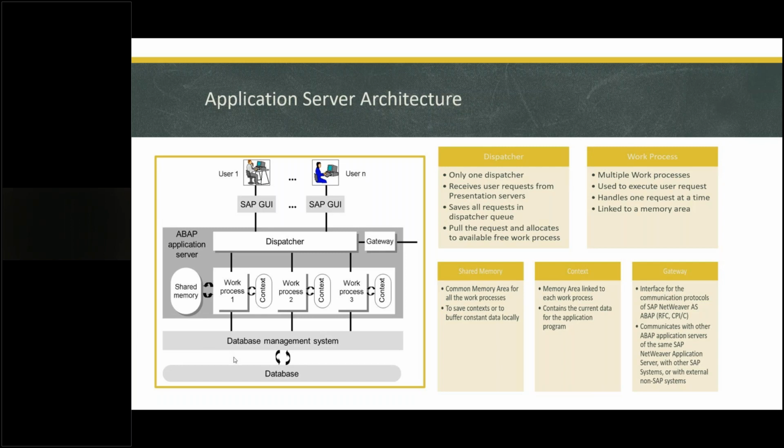Suppose you want the date in your program, you need not declare it, you just get the date from the shared memory. Suppose two work processes need the date, you need not declare it explicitly. All of the work processes can get the date from the shared memory.